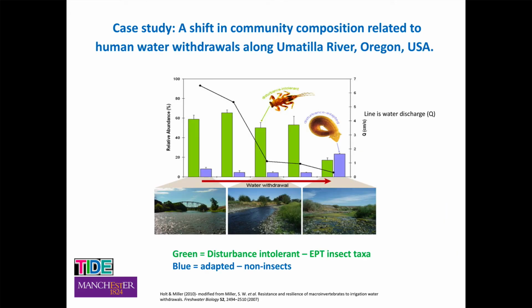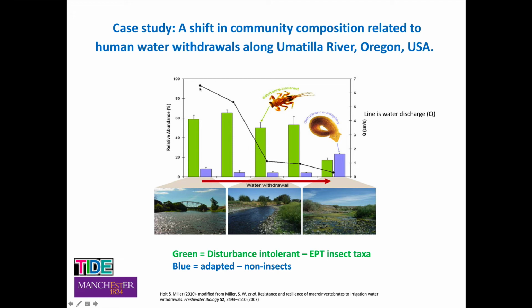So this is a case study published in 2007, looking at the shifts in community composition related to human water withdrawals along a river in Oregon, United States. So this is to give you an example of how this type of biomonitoring of benthic organisms can work. On this graph, we have relative abundance on the left hand. We have water withdrawal going along the bottom axis, and the line is the amount of water that's discharged from the river.